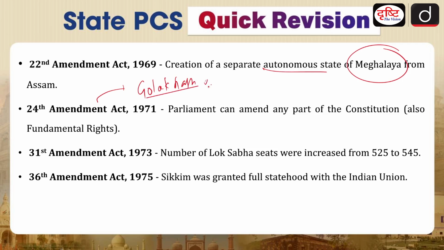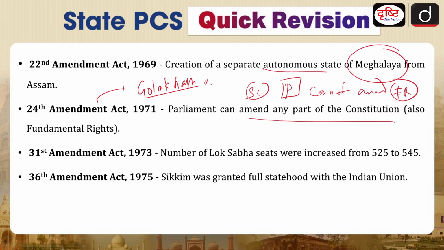In this case, the Supreme Court said that Parliament cannot amend the fundamental rights, which are part of the constitution under Part 3. To overrule this judgment, they came up with the Constitutional Amendment Act, wherein they said that Parliament can amend any part of the constitution, including the fundamental rights.